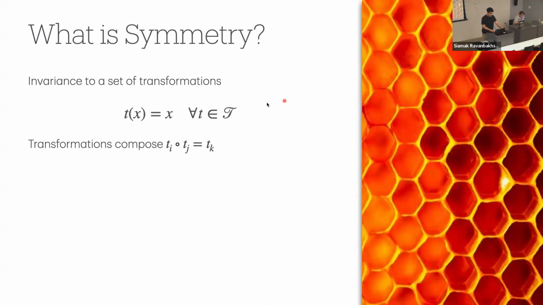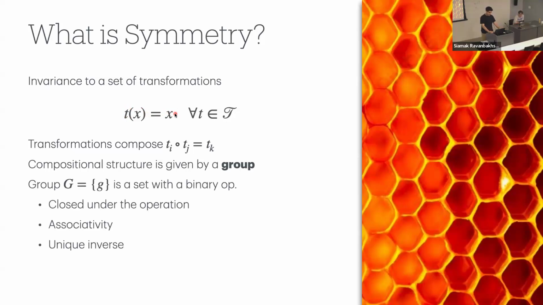So we have the set calligraphic T, including a bunch of transformations that do not change the object X. And these transformations obviously compose with each other, because if two transformations do not change an object, their composition also leaves that object invariant. And this compositional structure of these transformations is given by a symmetry group, G.